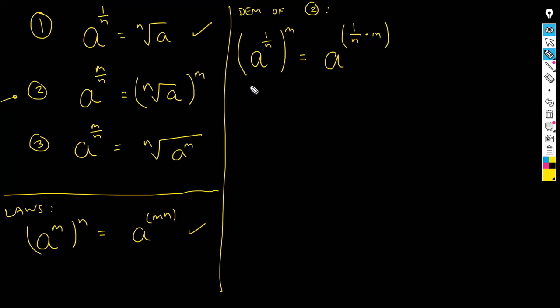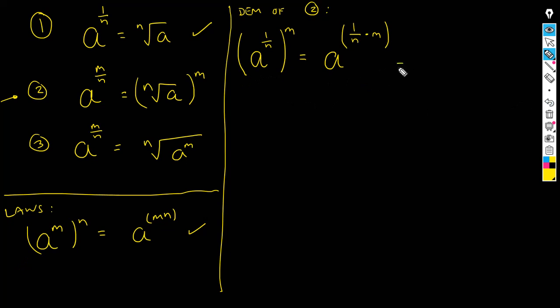Make sure that you understand why this is equal to this according to this law. I'm going to give you some seconds to understand. Okay, I hope it's very clear why this is the same as this.